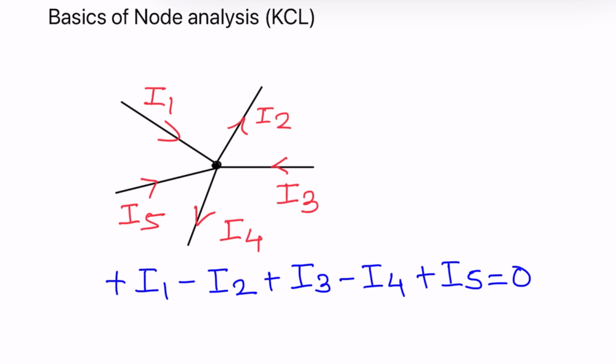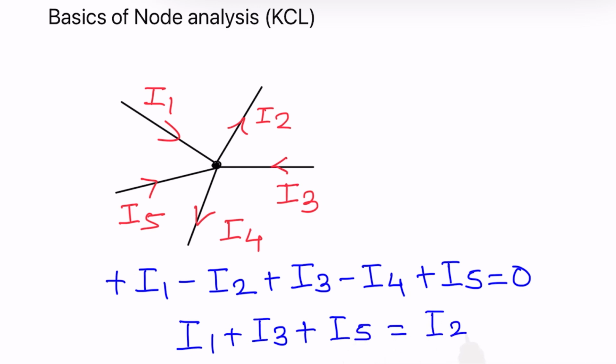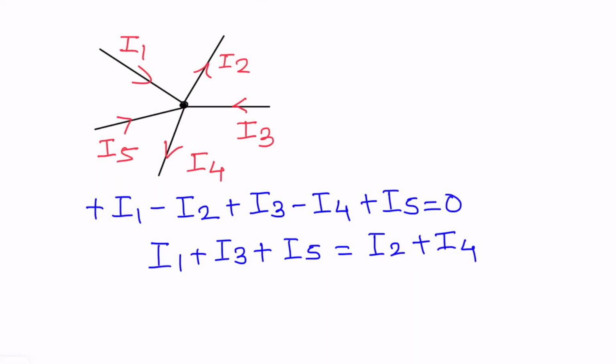So this indicates that the algebraic summation of all the currents meeting at a particular node or junction is equal to 0. So what I will do, I will rearrange the equation in mathematical form. I can write down I1 plus I3 plus I5 is equal to I2 plus I4.